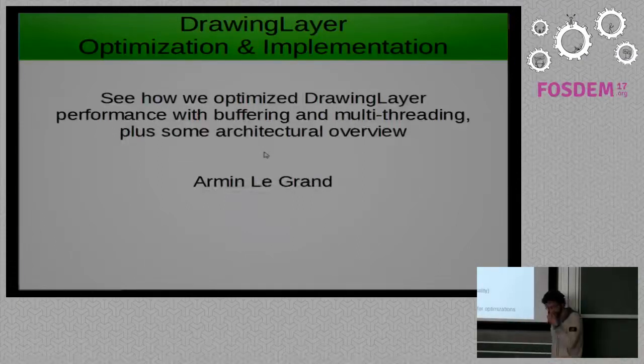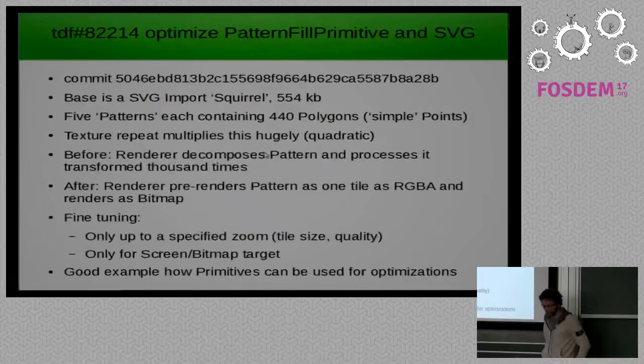So let's start with one of my favorite bugs of the last time, the squirrel bug. The big problem is that we have an SVG import which we got from an external customer, I think it was Munich. They used an SVG graphic called Squirrel in very small form, just in Writer, and this document just didn't work. The reason was really this SVG graphic.